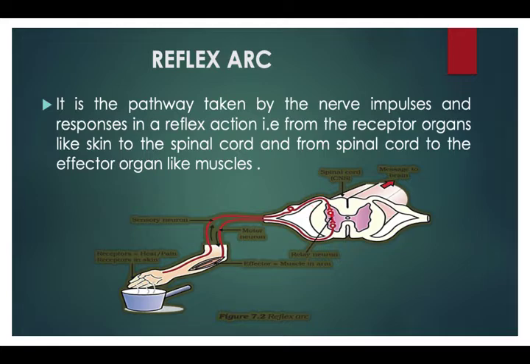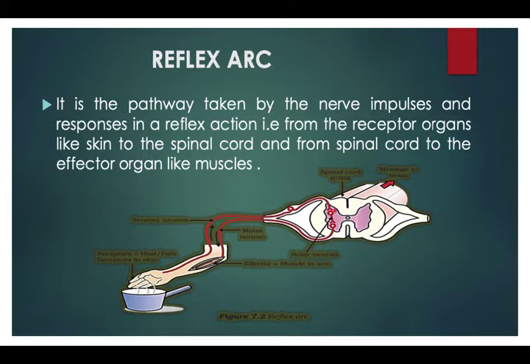Now, instead of waiting for the brain, the message is sent through the relay neuron towards the brain, but the action against the stimulus, which is known as the reaction, is taken from the spinal cord itself.